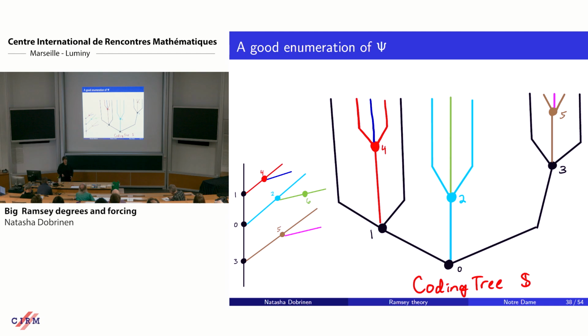Okay, so this is a good enumeration of the pseudo-tree. And by good enumeration, you can mean several equivalent things. One way you could think of it is you've got the pseudo-tree over here, of which I have only drawn finitely much, and you can think of these rays as copies of the rationals.